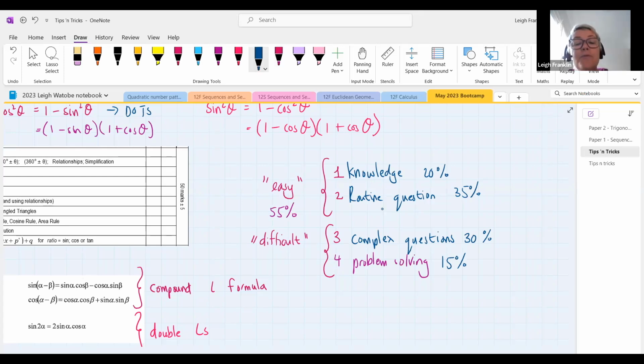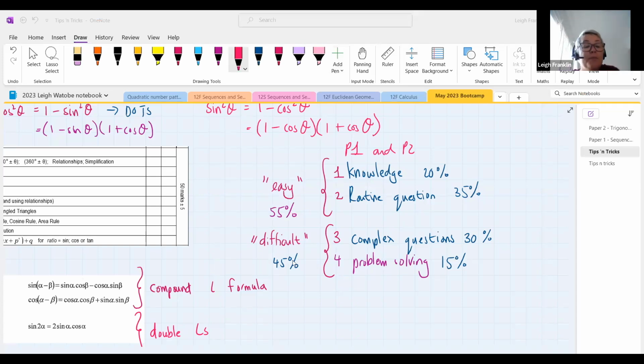These account for 45% of your paper. So 55% of your paper is meant to be dead easy and straightforward and routine, and the other 45% of your paper is supposed to be your slightly more challenging questions. All paper ones and paper twos have to be set according to these levels.